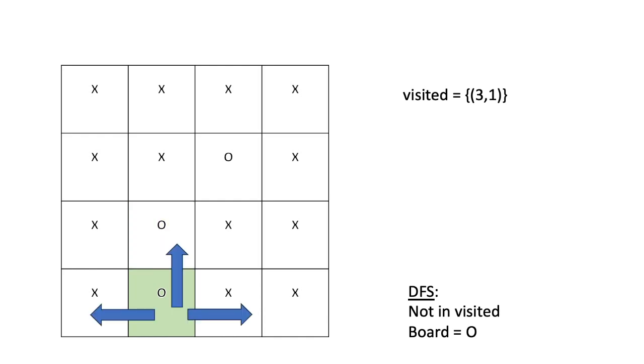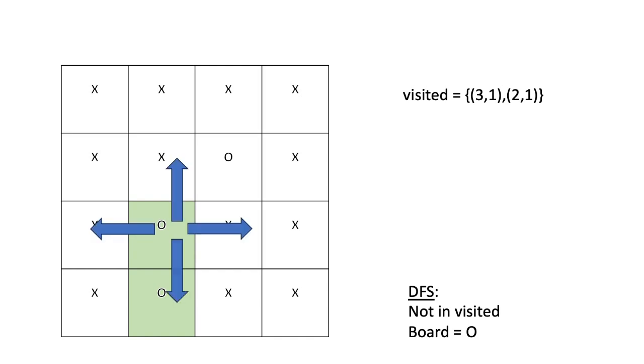We have one cell at the top which is not visited and the board has the value O. We will mark this cell as visited. Now we will traverse all four sides again. We have X on three sides and the bottom cell is already visited. Now we cannot traverse any further, so we will stop our depth first search at this point.